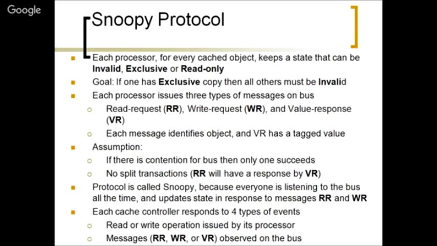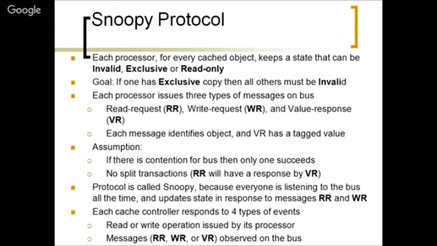There are three types of messages designed in the Snoopy protocol: the read request, the write request, and the value response. We'll see what these messages mean. We made two assumptions. If there is contention on the bus, meaning two writes, as generally happens, only one will succeed, depending on the priority assigned.